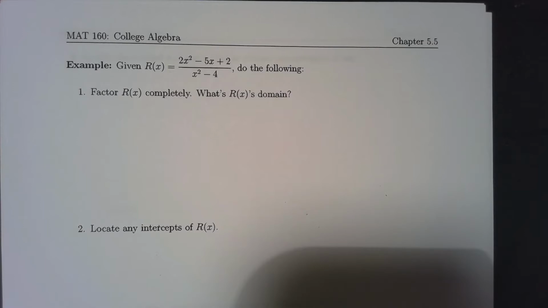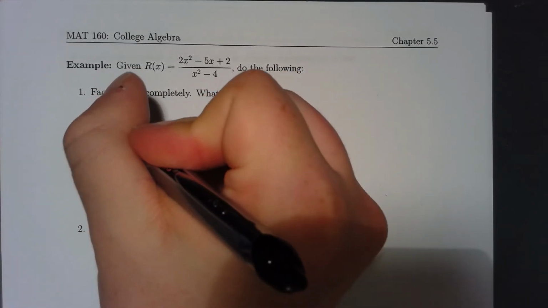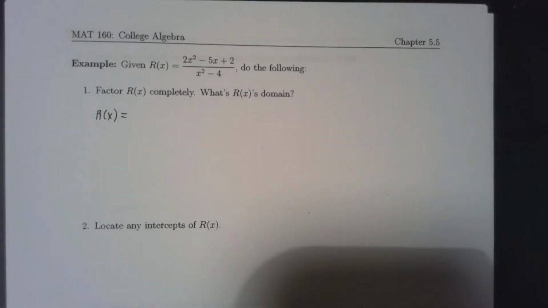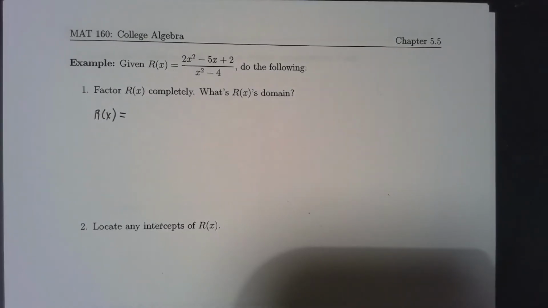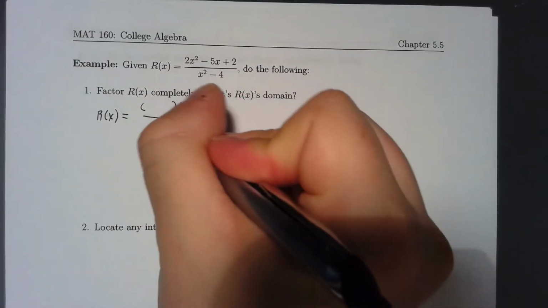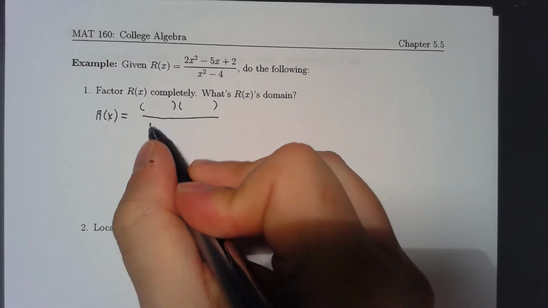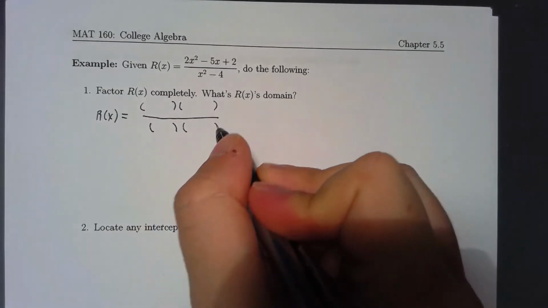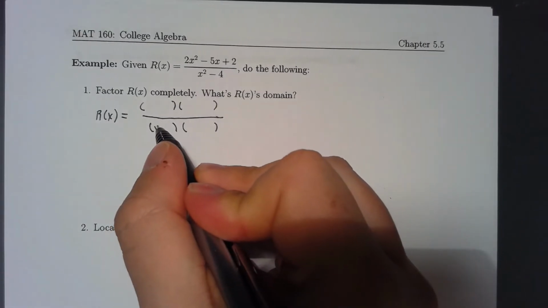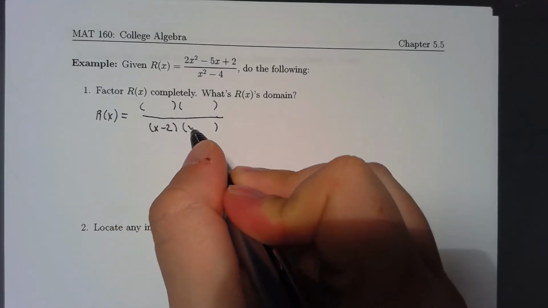All right, factor the function. The numerator is a quadratic. The denominator is a difference of 2 squares. The denominator factors to be x minus 2 and x plus 2.